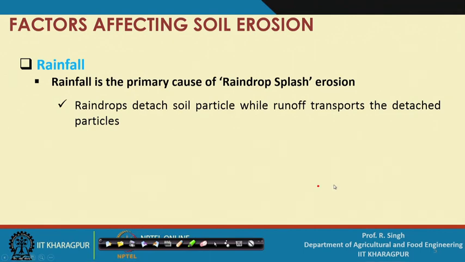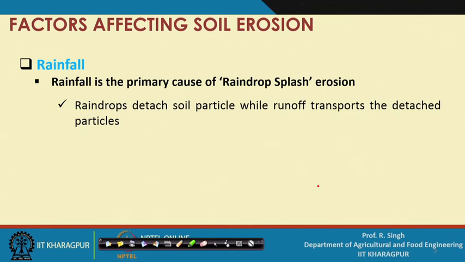Rainfall is the primary cause of raindrop splash erosion, and raindrops detach soil particles while runoff transports the detached soil particles. Remember, in our previous class, while classifying water erosion, we saw that raindrop splash erosion is the first level of water erosion, and there we discussed that when raindrops hit the bare soil particles, because of their velocity or kinetic energy, they disaggregate the soil particles, and as a result soil particles get splashed.